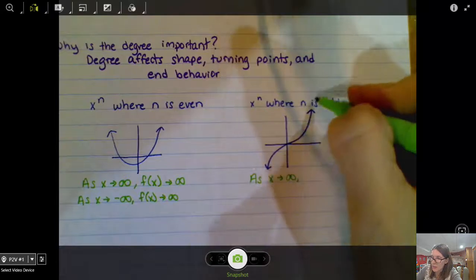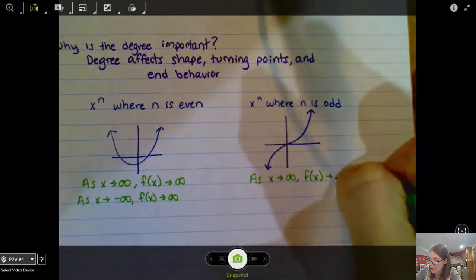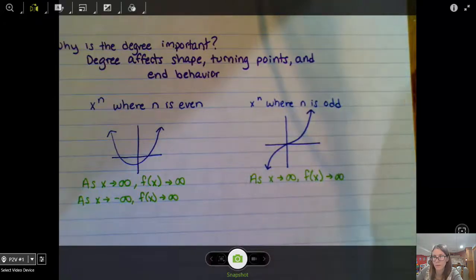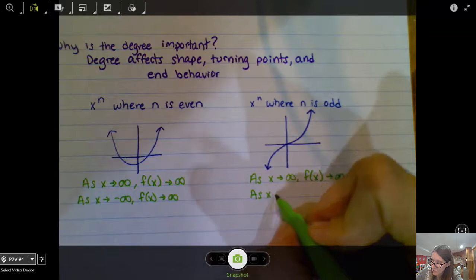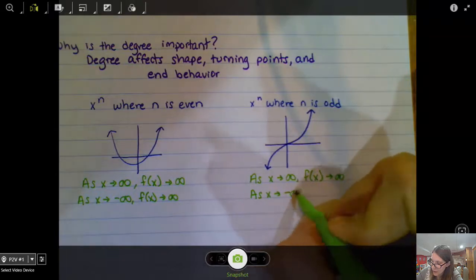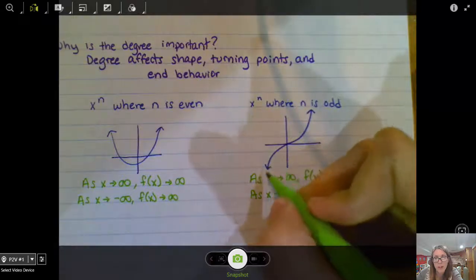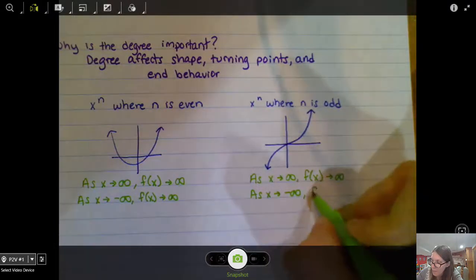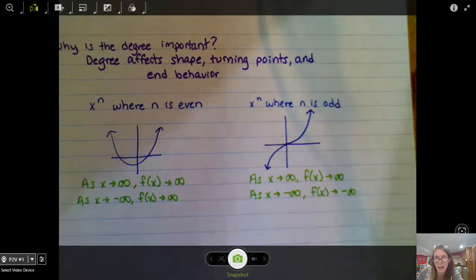So as x approaches infinity, f of x approaches infinity. And the flip side, as x approaches negative infinity, the farther we go to the left, oh, here our y values are going down. So f of x approaches negative infinity.